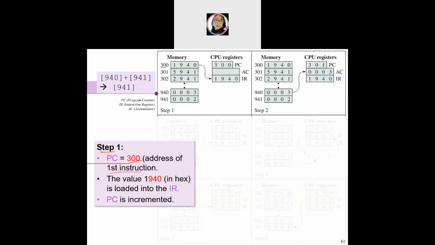So the value 1940 in hexadecimal is loaded into IR.